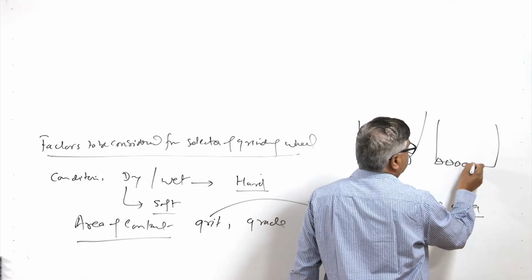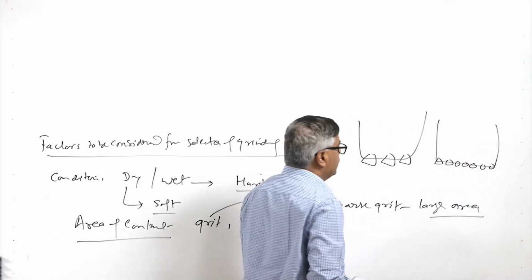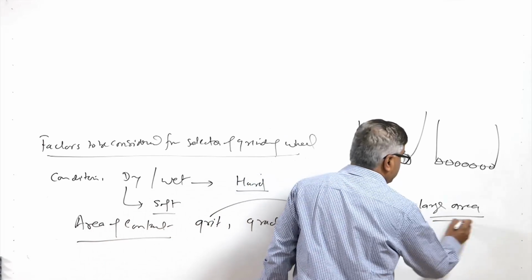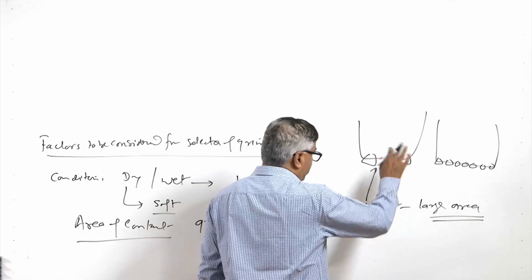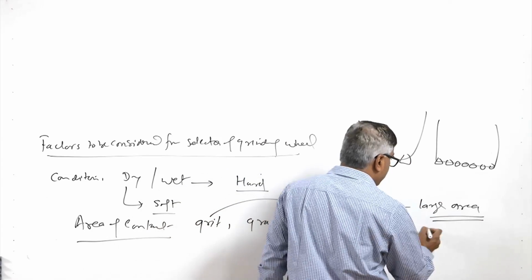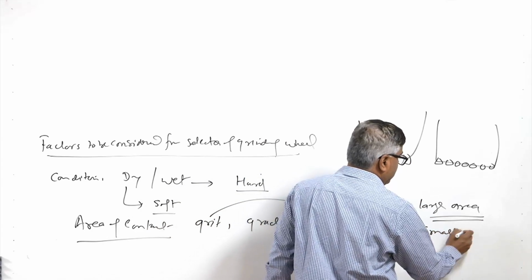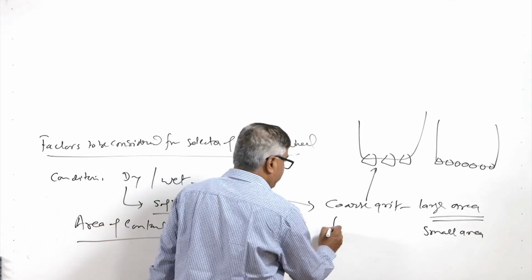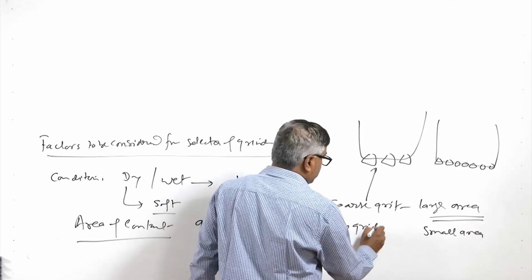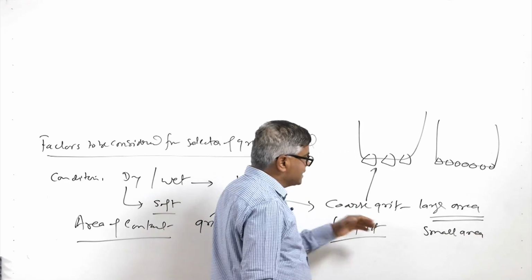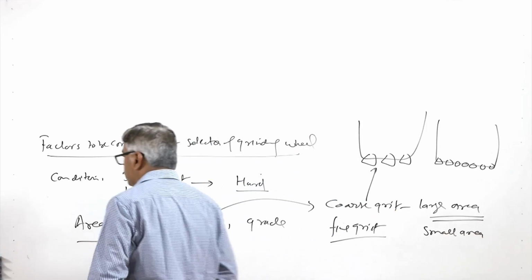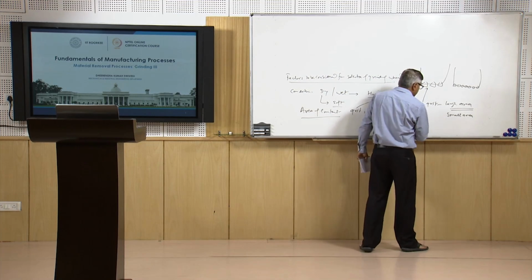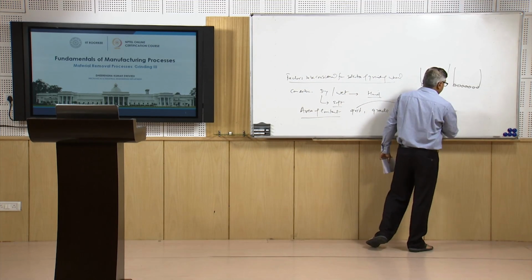When fine abrasives are used, there will be a large number of grains to take up the pressure during grinding. So, if a large area is to be used, then we prefer coarse abrasives. When the area of contact between the wheel and the workpiece is small, then a fine grit size is selected, so that the fine grains can sustain the high unit pressure which will be acting during grinding under the conditions of the smaller contact area.